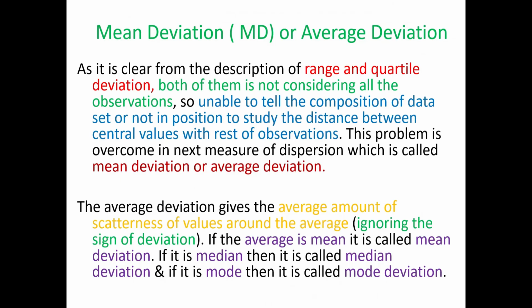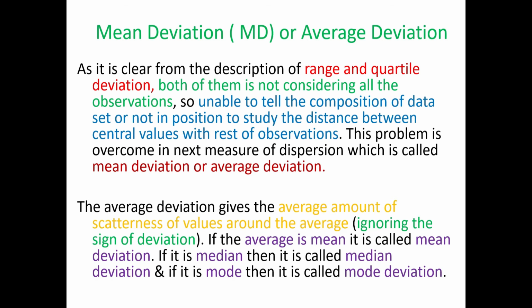Now come to mean deviation or average deviation. It is very clear from the description that range and quartile deviation both are not considering all the observations. In range, only the maximum and minimum values are considered, not all the values.